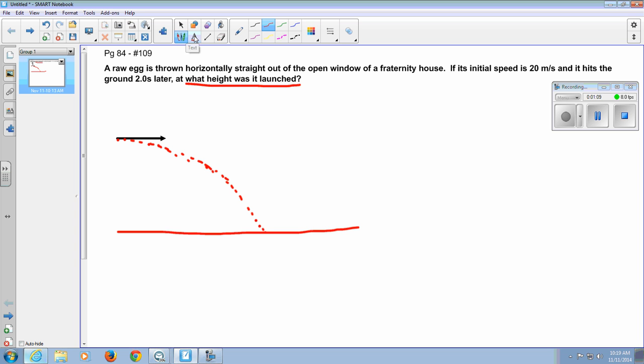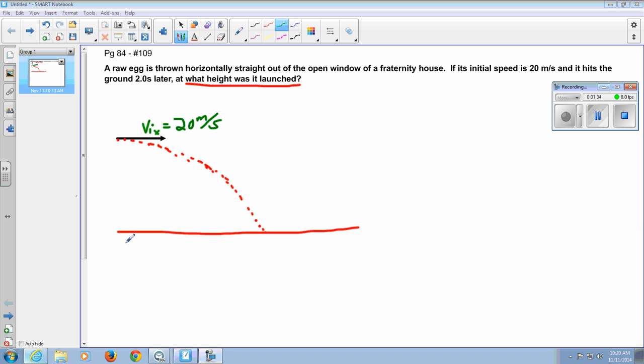So we've got a number of things. So I will label the x direction objects in green. My initial velocity in the x direction is equal to 20 meters per second.